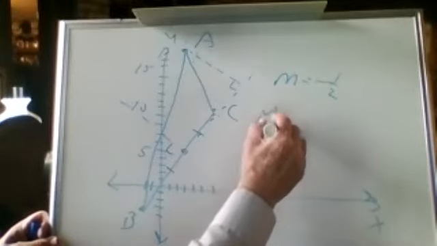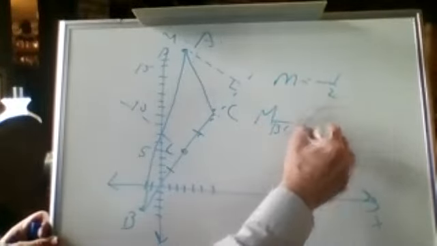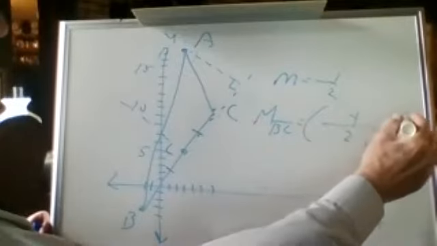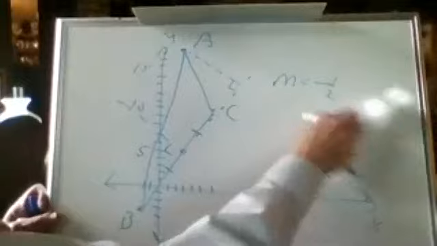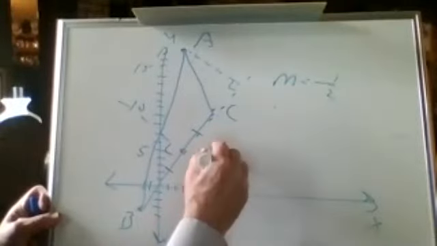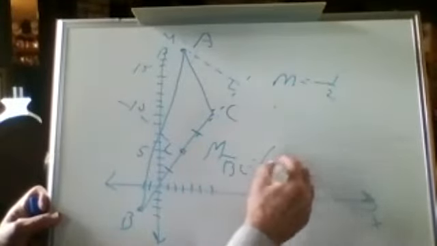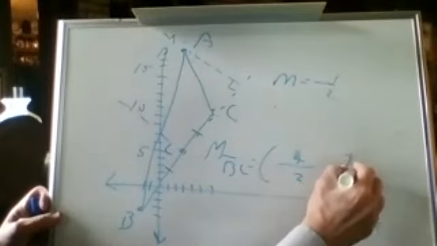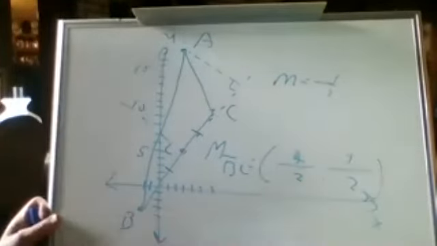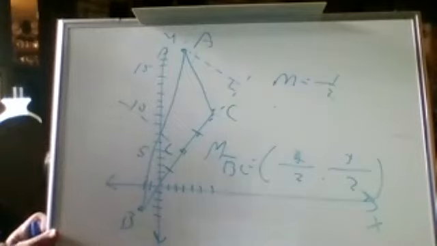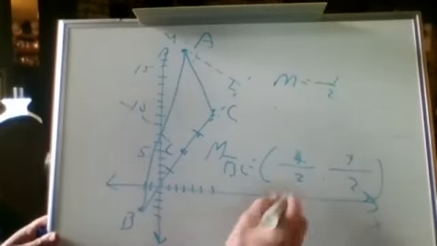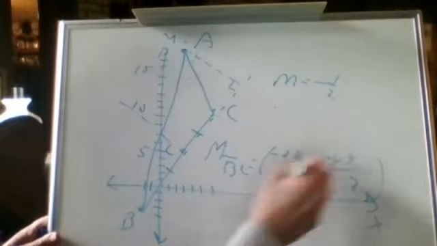So I want to find the midpoint of segment BC: add the x values, divide by 2, add the y values, and divide by 2. For BC, B was negative 2, negative 4.